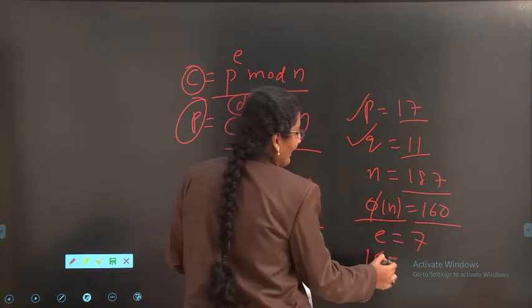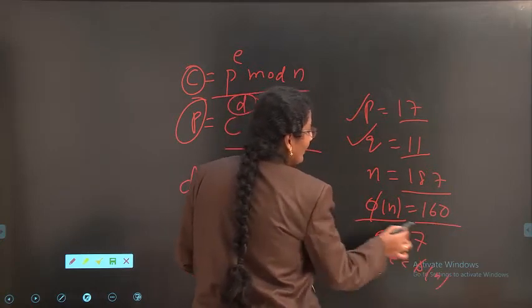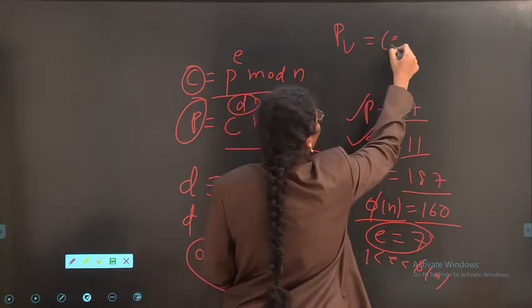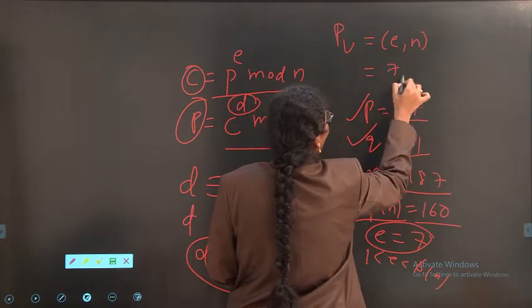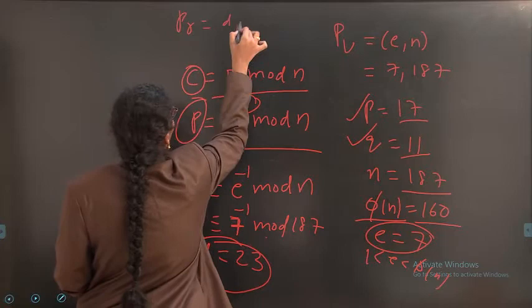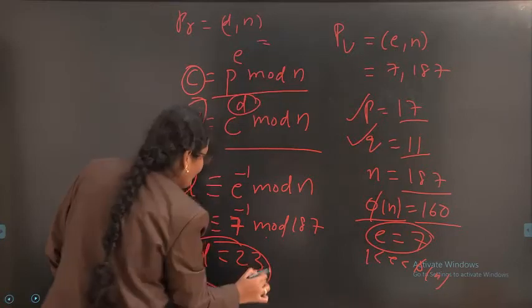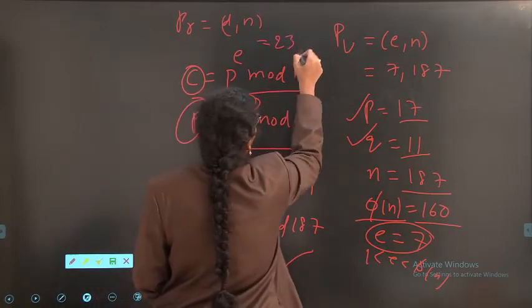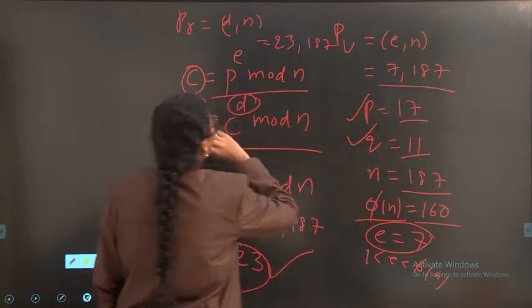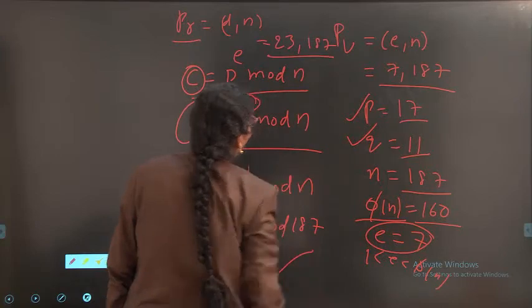E satisfies 1 less than E less than pi of N, so E equal to 7. Public key is PU, nothing but E comma N, nothing but 7 comma 187. Then private key equal to D comma N, with D value 23 we got here, so 23 comma 187. So public key is 7 comma 187. Private key is 23 comma 187.